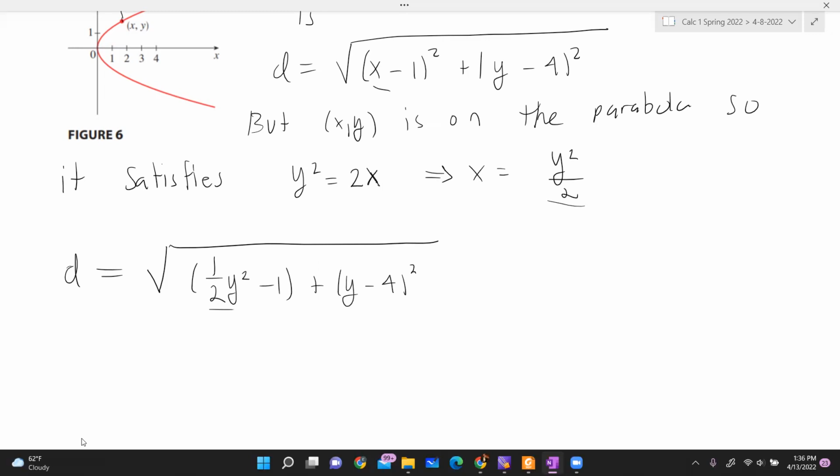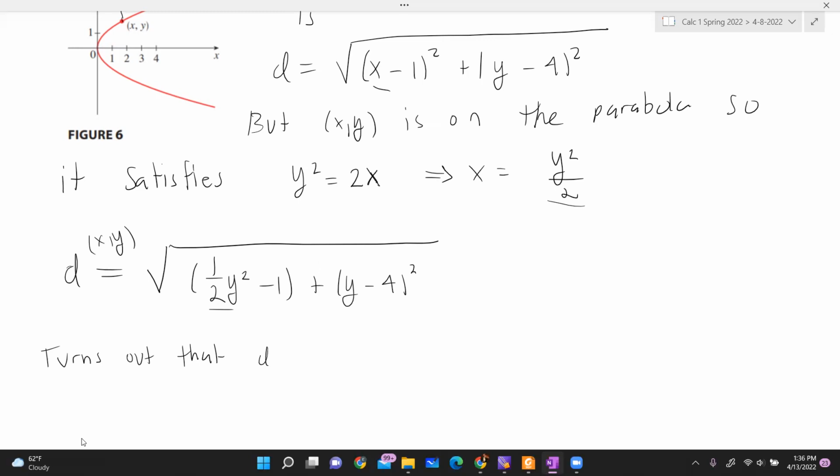So really d is a function of x and y, strictly speaking. So we have a function d of (x, y).